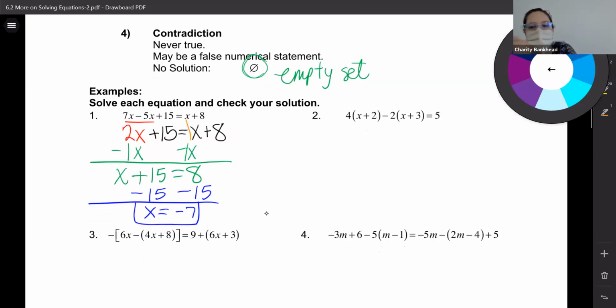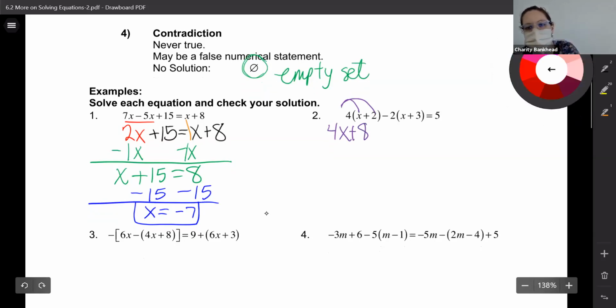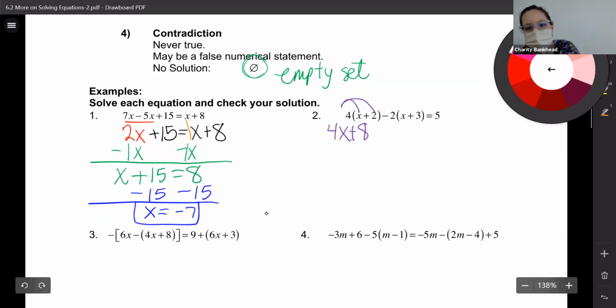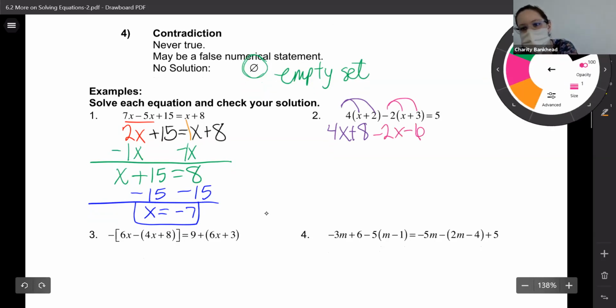Number 2, so again, we need to simplify first. So let's distribute the 4. So that would be 4x plus 8. And then I'll distribute the negative 2, which will make that minus 2x minus 6. And then just bring down equals 5.